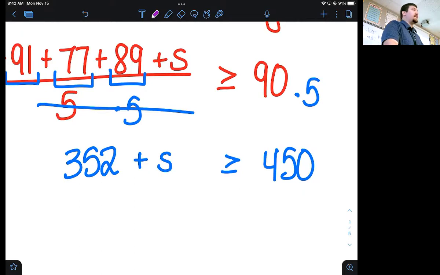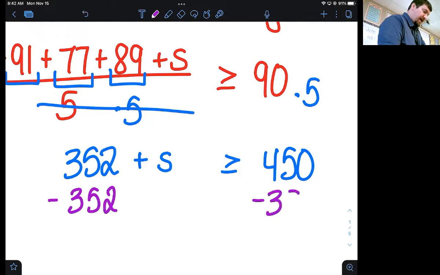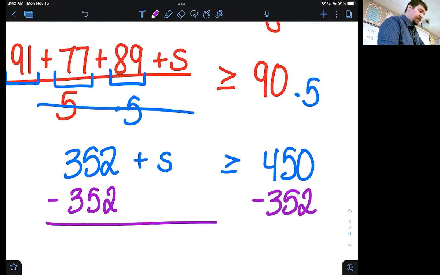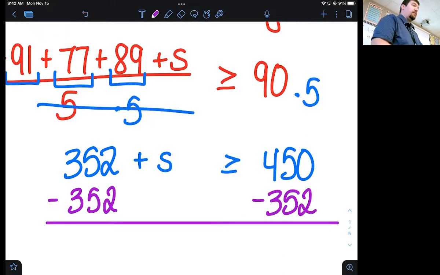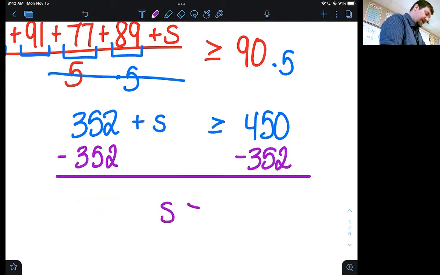It's being added to the S, correct? So what would be the opposite of that? Subtracting, yeah. So we'll subtract it away. If you subtract away 352, the points we've already scored, from the points that we need, then Thomas, what does that leave you with? 98 points.